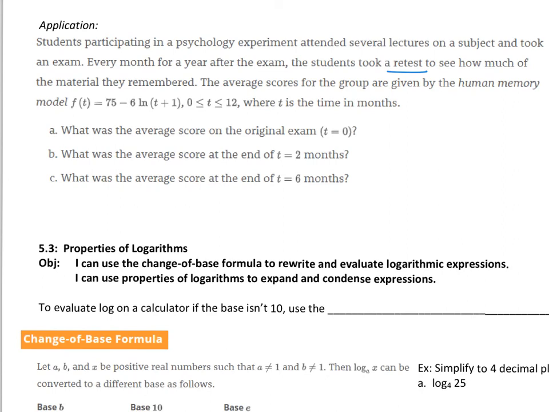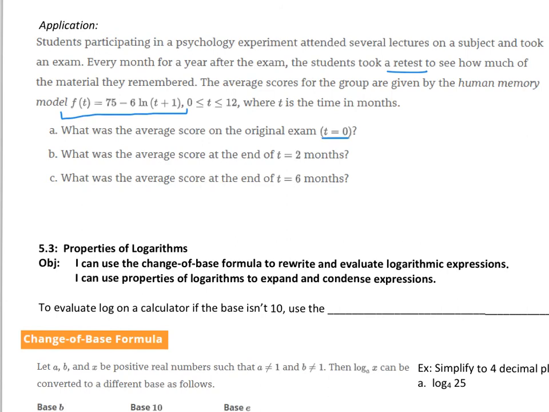Averaging the scores gave them a human memory model f of t equals 75 minus 6 times the natural log of t plus 1, where t is anything from 0 to 12, which would be the months in which the students took those tests.